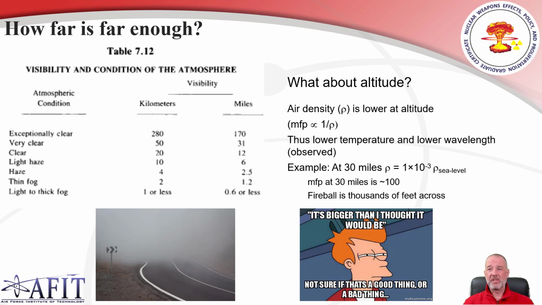Now, that gets reduced when we start introducing things into the atmosphere, like particulate matter, smoke, and dust. Also water vapor in terms of fog. This whole chart is basically built around moisture. A light haze is a little bit of moisture in the atmosphere.